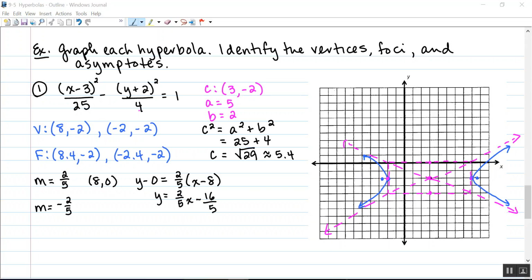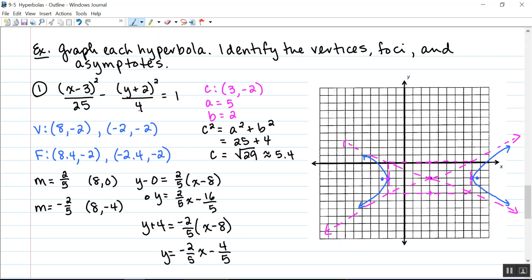Now for my other line, I think I'll use this point here, (8, -4). So y minus y1 equals m times x minus x1, and that's going to give me y equals -2/5 x, and then that's going to give me 16/5 minus 4, just use your calculator, gives you a -4/5.